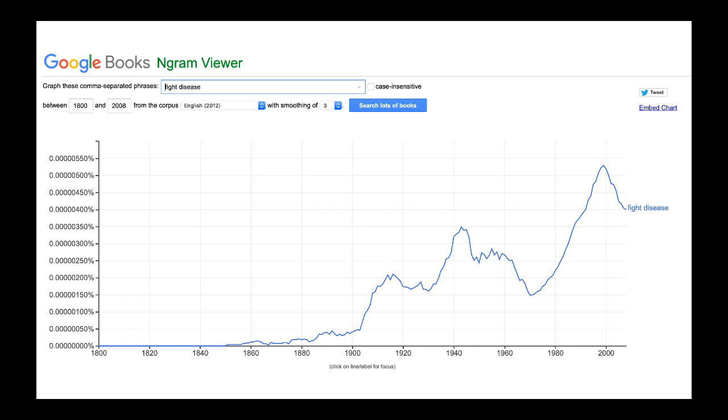And then I went to the Google Ngram viewer and looked for the phrase fight disease. And you really don't see it before 1860. And really it starts to come into vogue around 1900. Now, Google Ngram doesn't have every text in it, but it does have a lot of books in it.